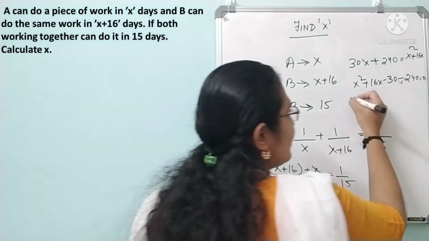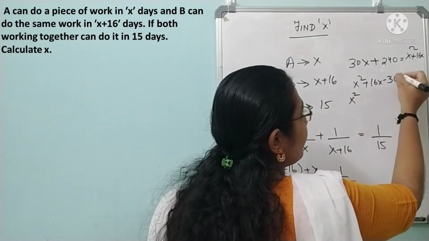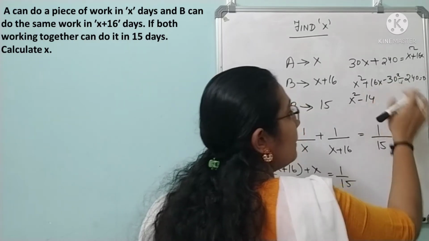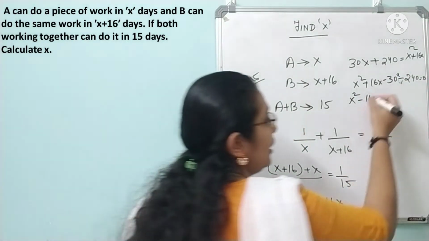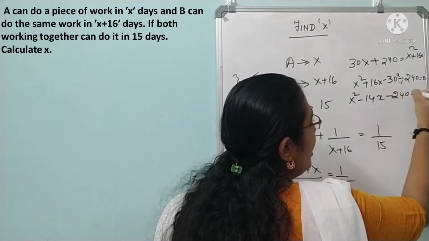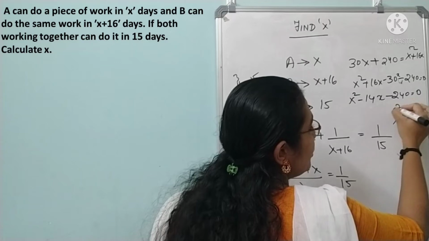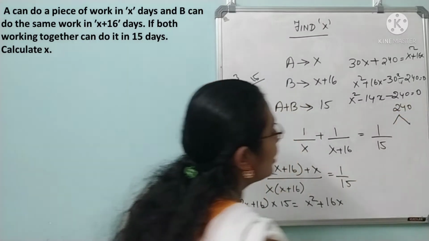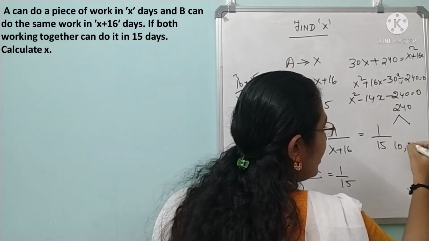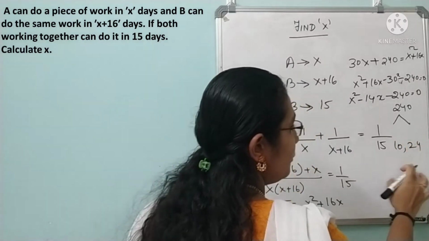Correct? So x square, 16 minus 30 is minus 14. Minus 14x minus 240 is equal to 0. Now factorize. So 240, when you factorize, 10 24s are 240.